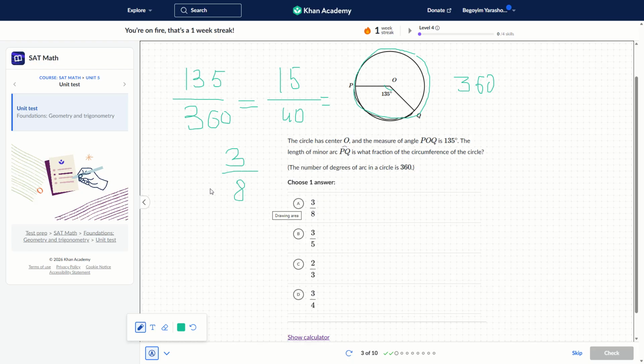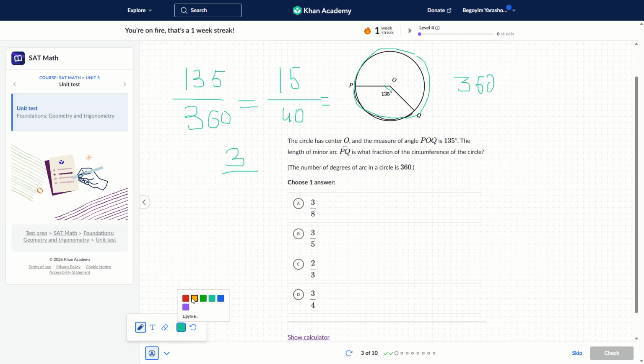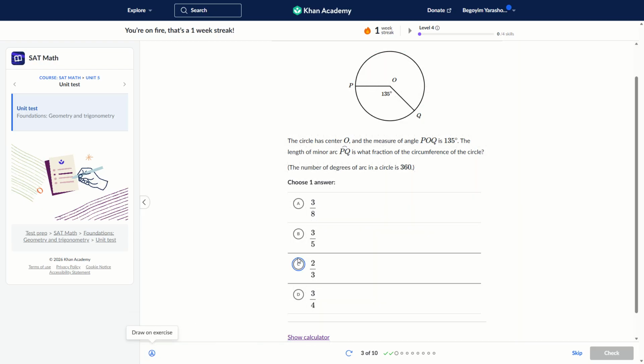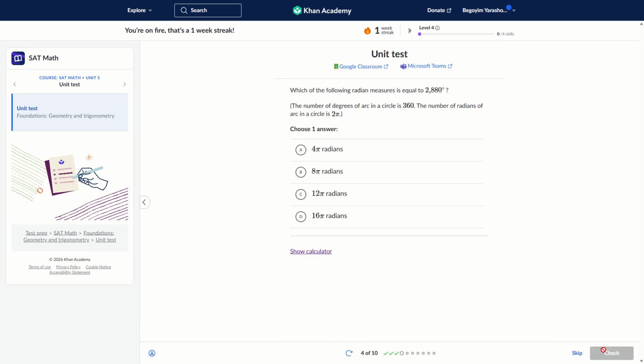So yes, the length of PQ to the overall circumference of the circle is like that. The answer would be B. Yeah, next.